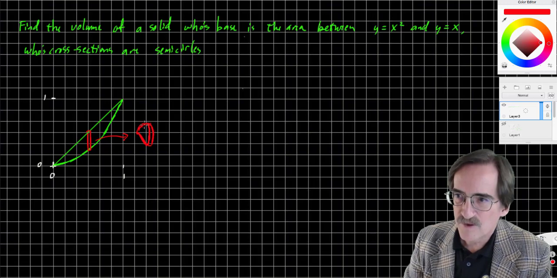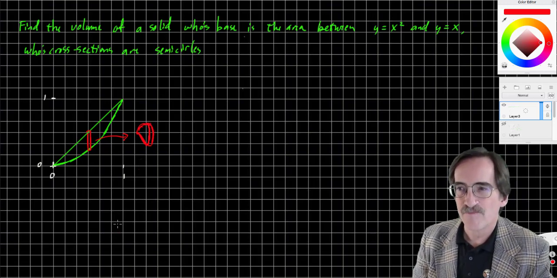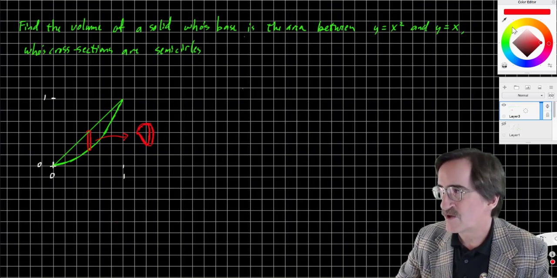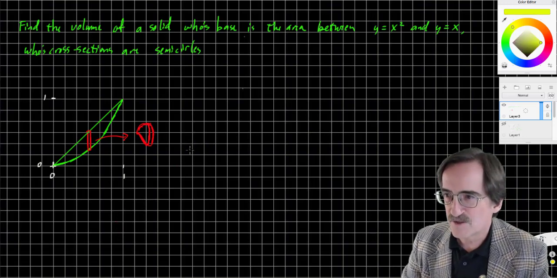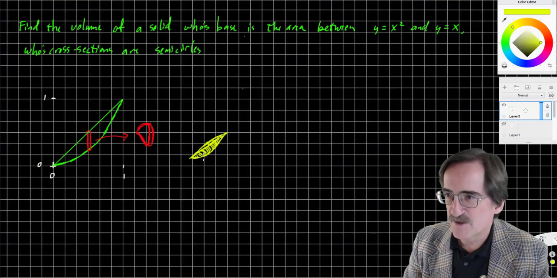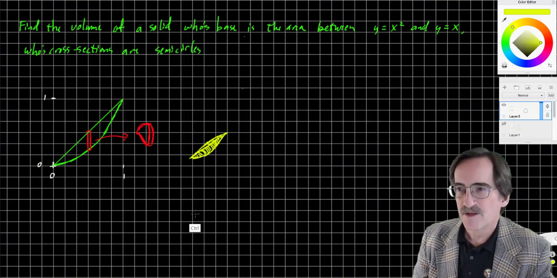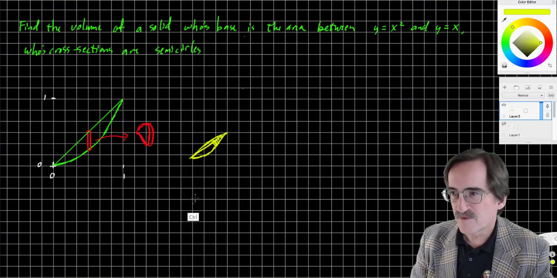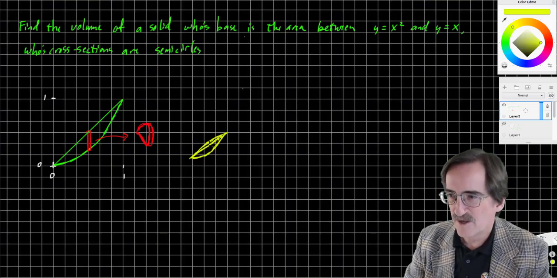Kind of like an orange slice. It would have a shape kind of like this, where all the cross sections are semicircles. If you can kind of picture that.